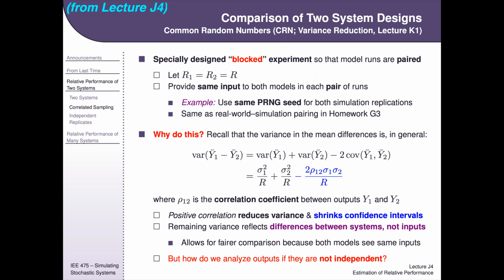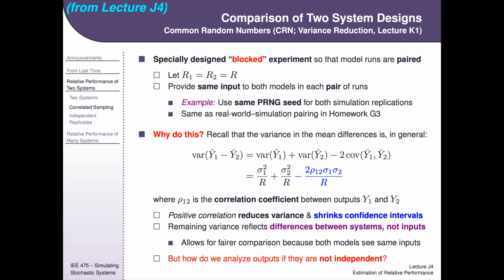If I want to calculate, in this case, the variance in differences, well, this is the variance of a difference of two variables. If you go back to the laws of probability, the variance in the difference of two random variables is the variance of one random variable plus the variance of the second random variable minus 2 times the covariance, which is like a correlation term between the two variables.